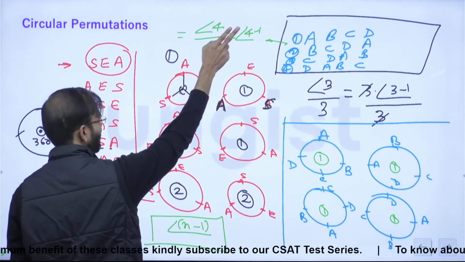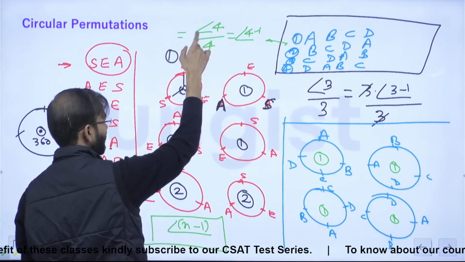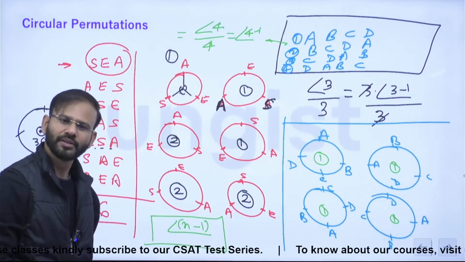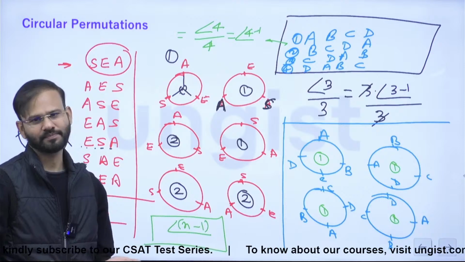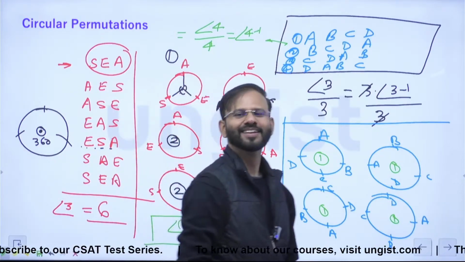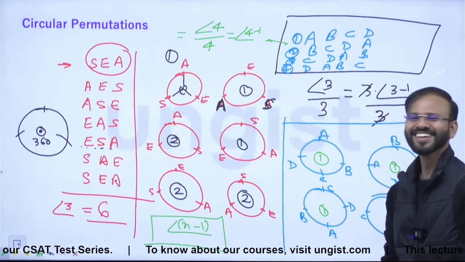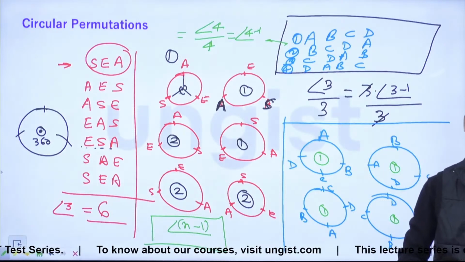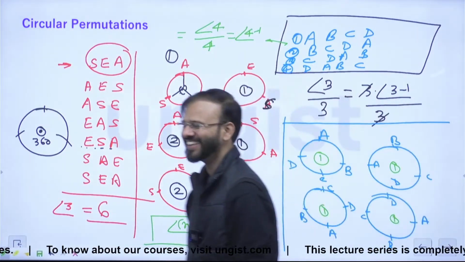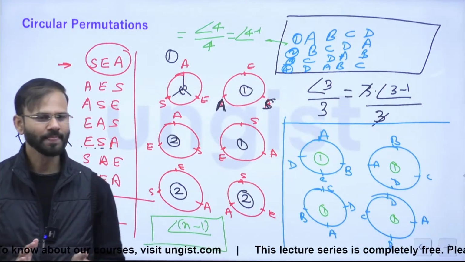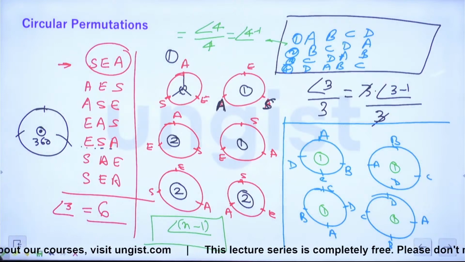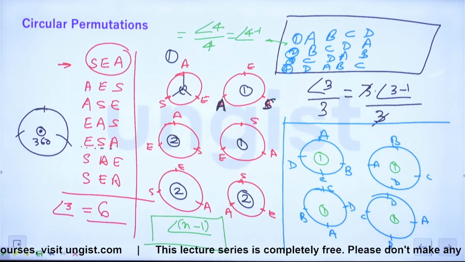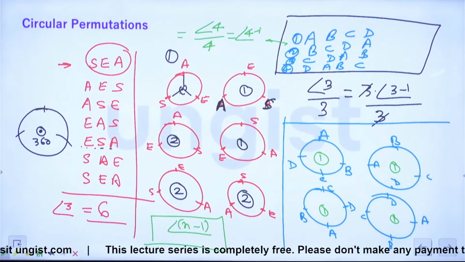So 1, 2, 3, 4 on top, and 4 is written below, it will cancel, and 1, 2, 3 will be left. That will be factorial 3 only. Okay, guys, is it clear now?